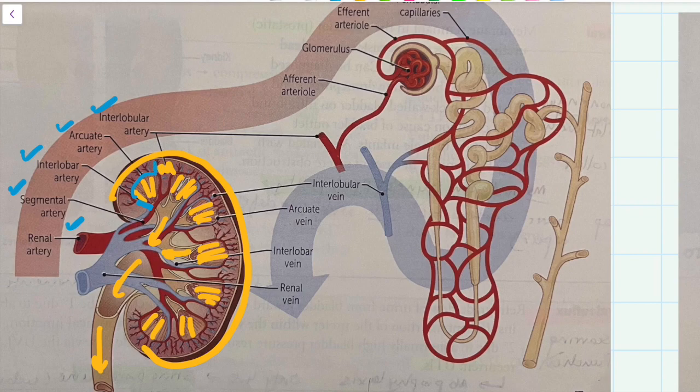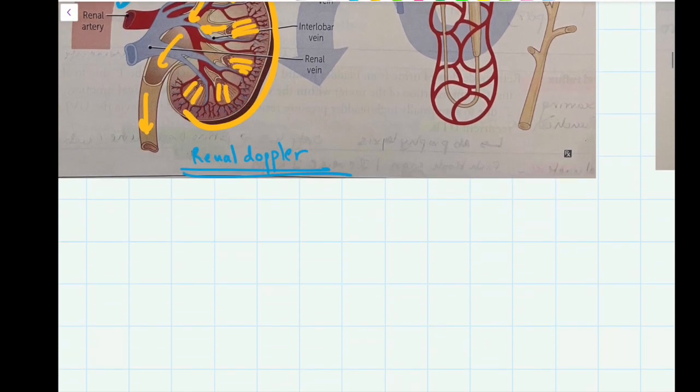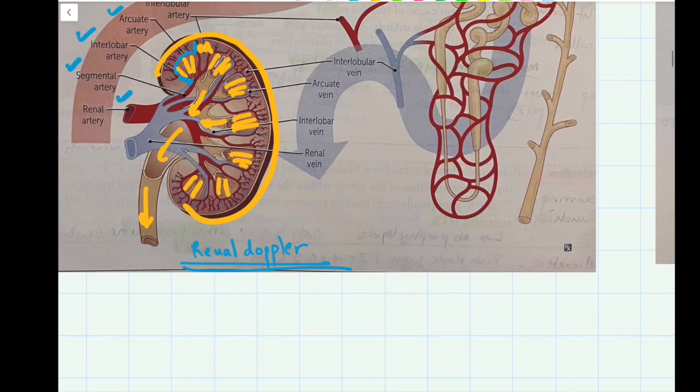So why this is important is that nowadays the renal Doppler is being performed extensively due to the increase in incidence of hypertension in young patients as well as in older patients, for the condition of renal artery stenosis, right. So what happens is that in renal artery stenosis, you put the probe on the segmental artery and you get a waveform.